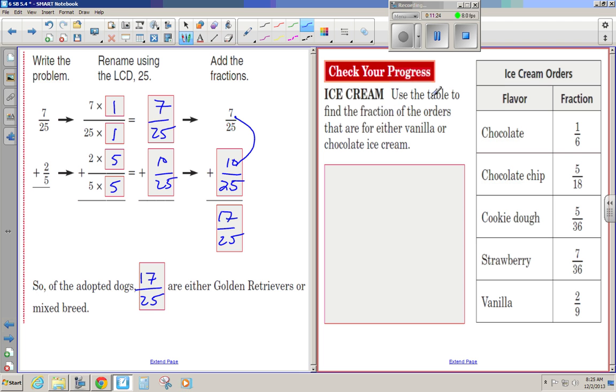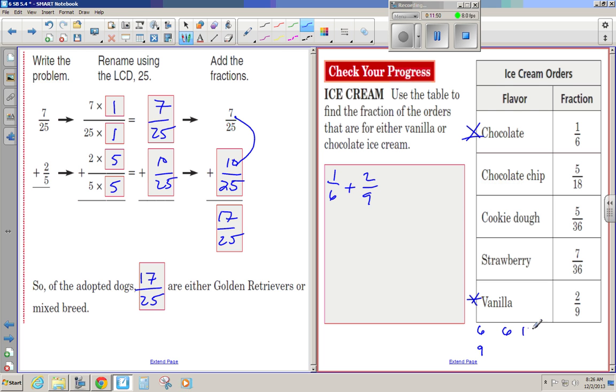All right, so use the table to find the fraction of the orders that are for either vanilla or chocolate ice cream. All right, well, vanilla, chocolate, that's 1/6 or 2/9. Well, let's do a least common denominator for 6 and 9.